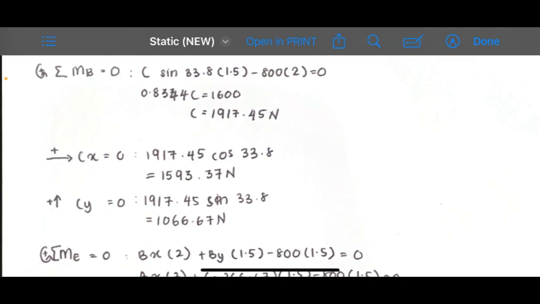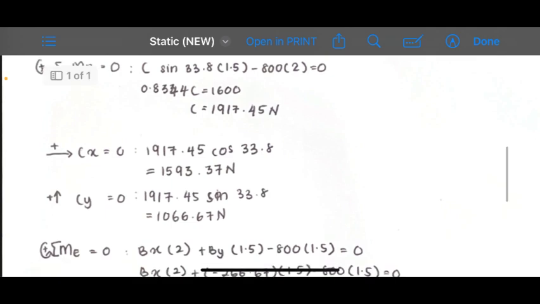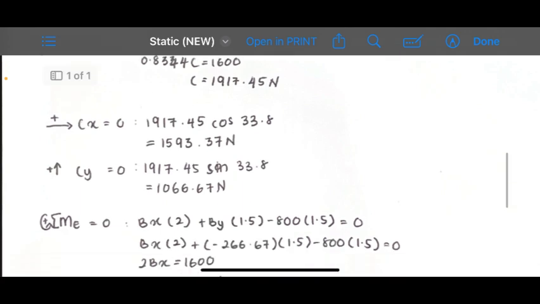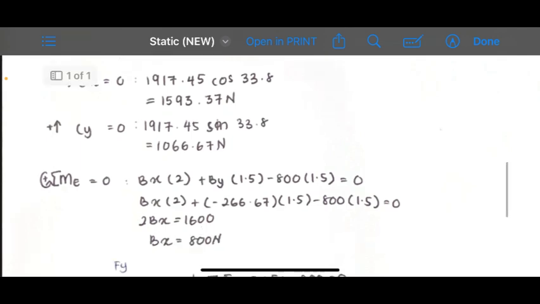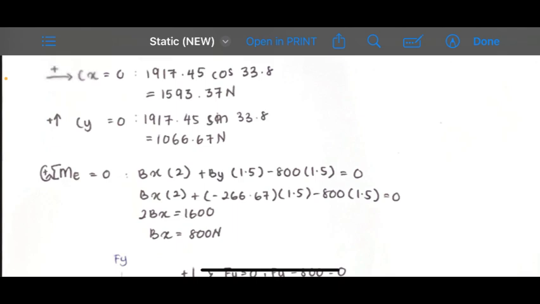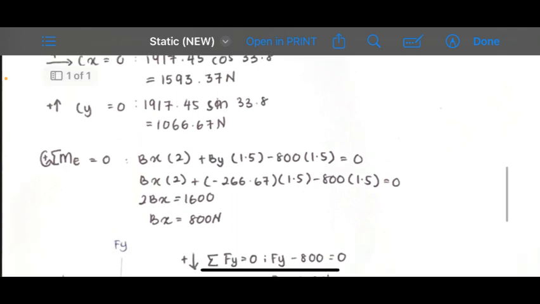Then we sub it into the formula C sin theta, C sin 33.8. We assume that right is positive. So Cx equals 1917.45 cos 33.8 equals 1593.37 Newton. That's Cx.